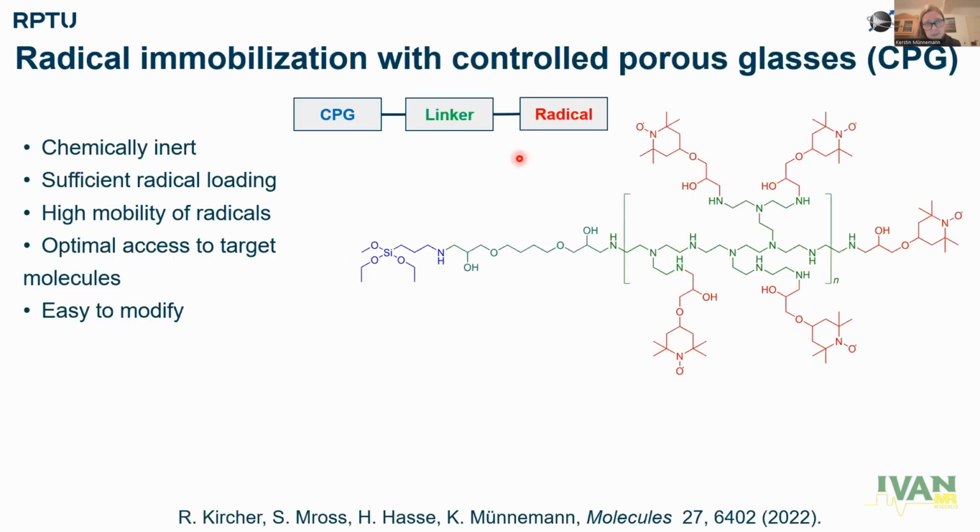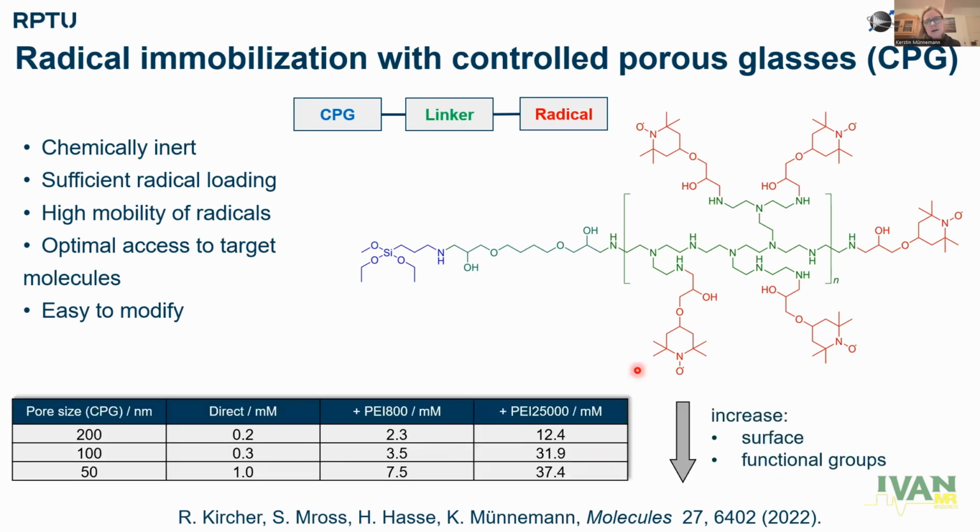Okay, we use controlled porous glasses as a carrier for our radicals because they are chemically inert. And what we do see is that we can have a sufficient radical loading if we choose controlled porous glasses with a not too high pore size.